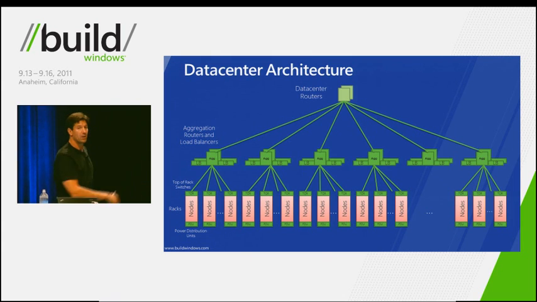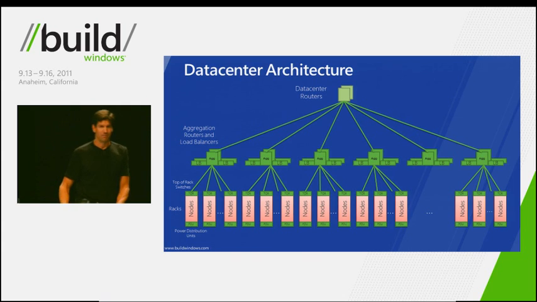We've got very little variation down here at the bottom. Of course, we're going to get more variation over time, but variation and heterogeneity is actually the enemy of efficiency and simplicity of management. So we want to keep things as homogeneous as possible. It also lets us buy in bulk, which is kind of nice because we like to save money.